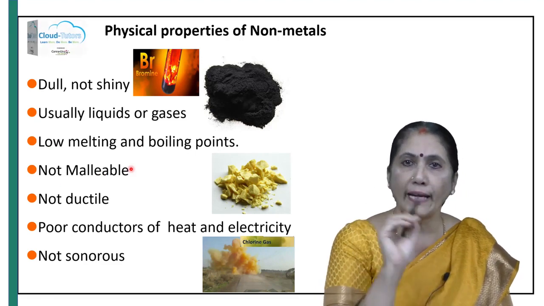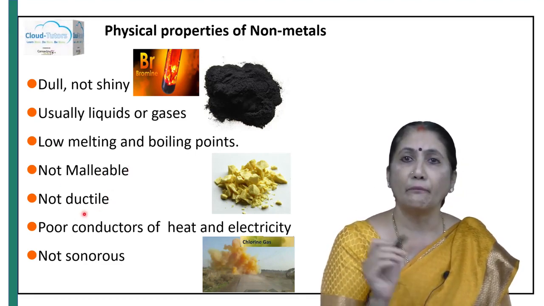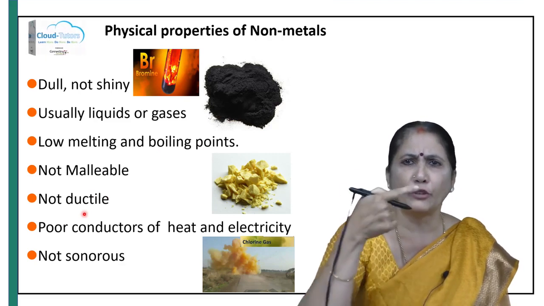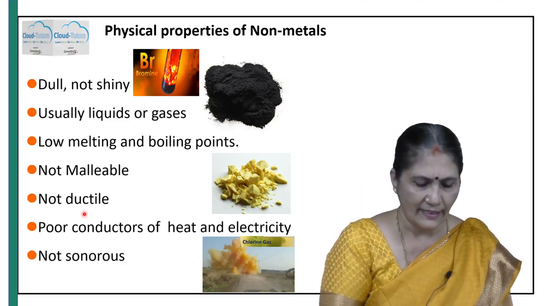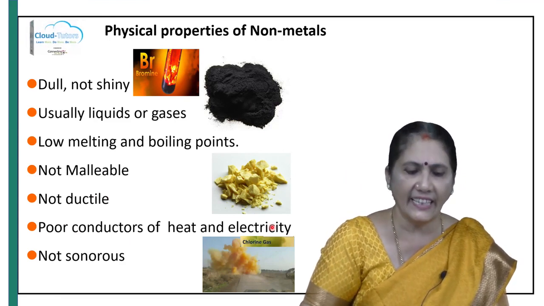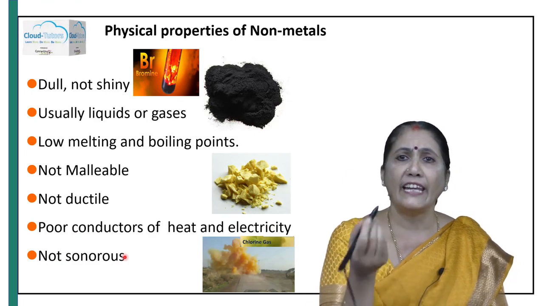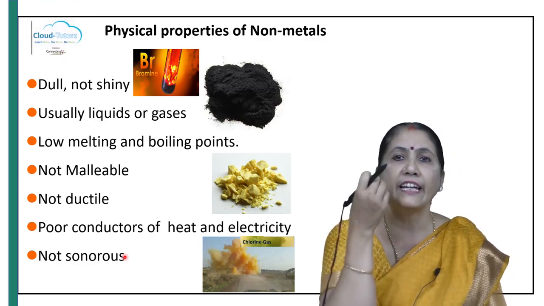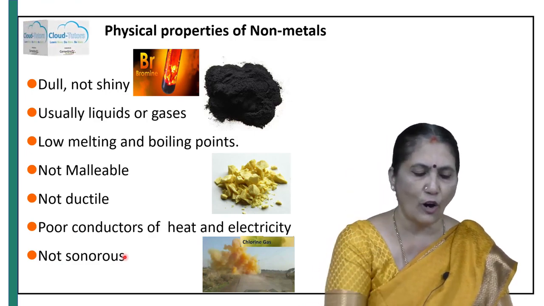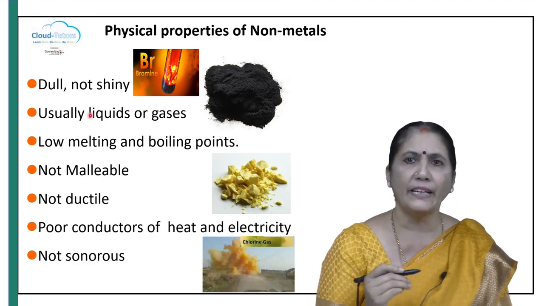They are not malleable. They are not ductile. That means they cannot be drawn into thin wires. They are poor conductors of heat and electricity, and they do not produce any metallic ringing sound. So all these are the physical properties of non-metals.